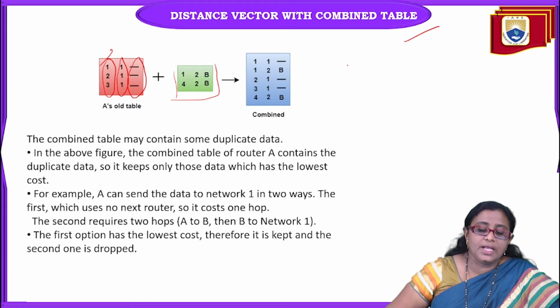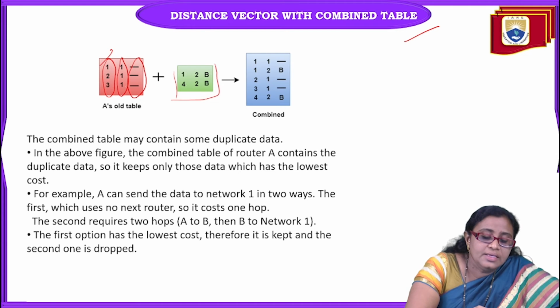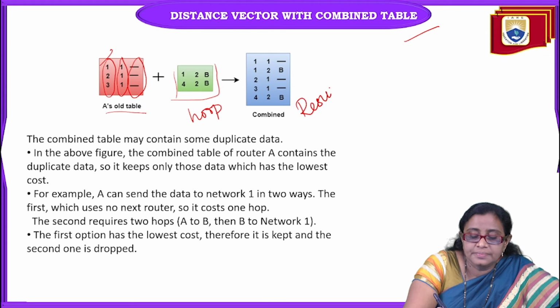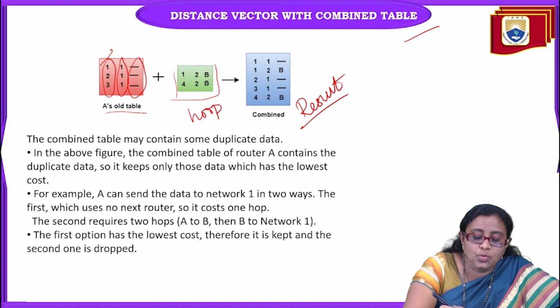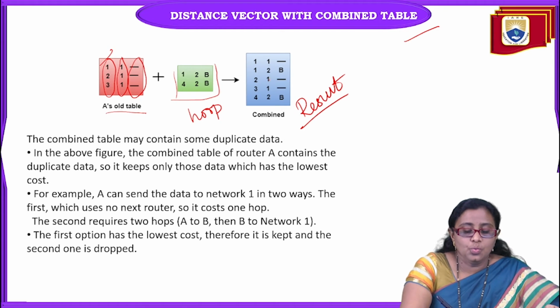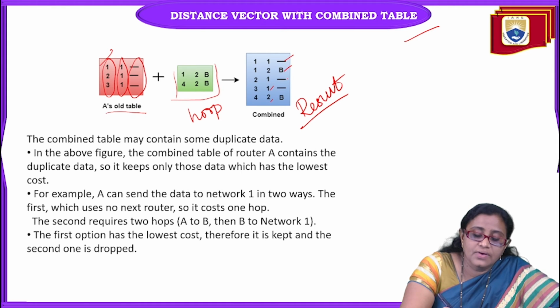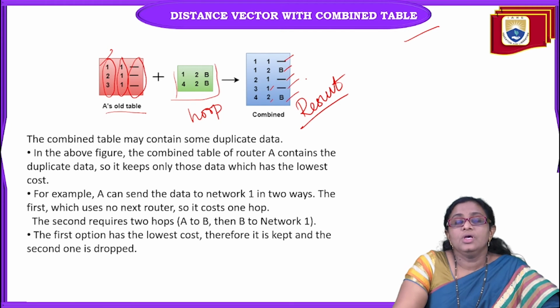So we take this table here and add it to A's old table. If we add it, we get the result: net IDs 1, 2, 3, 4, 5, with costs 1, 2, 1, 1, 2, and next hops nil, B, nil, nil, B. So how does it work?